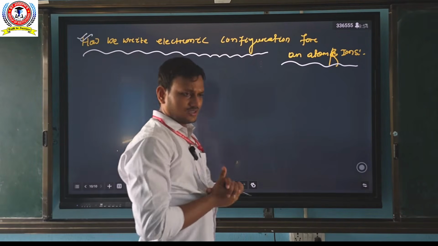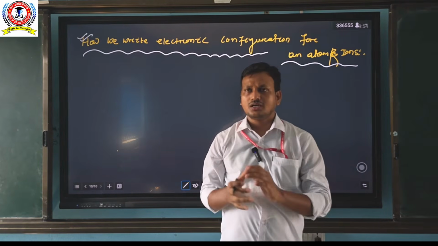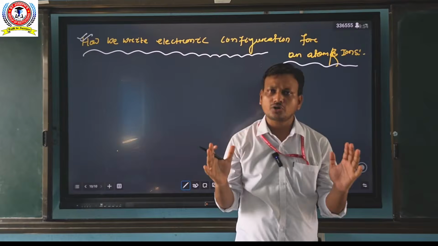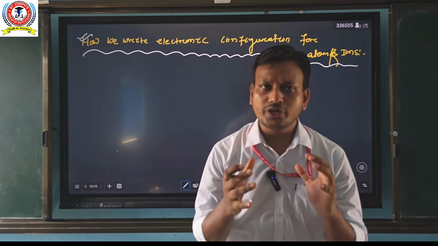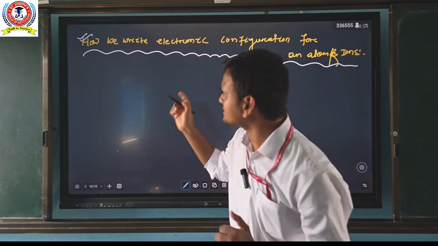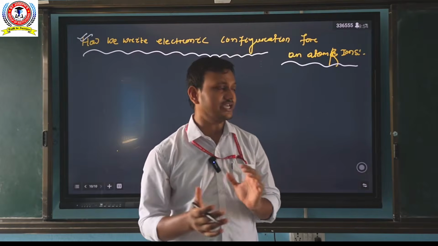Students, before we understand how to write electronic configuration for an atom or ions, this concept follows 3 rules. How many rules? 3 rules.